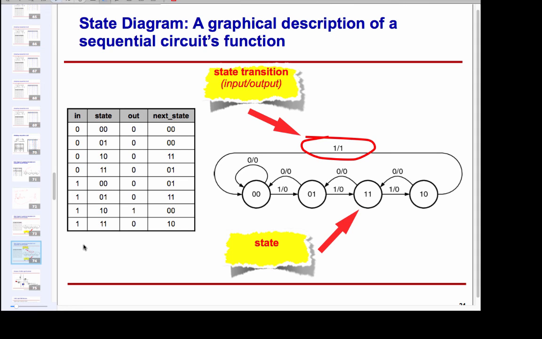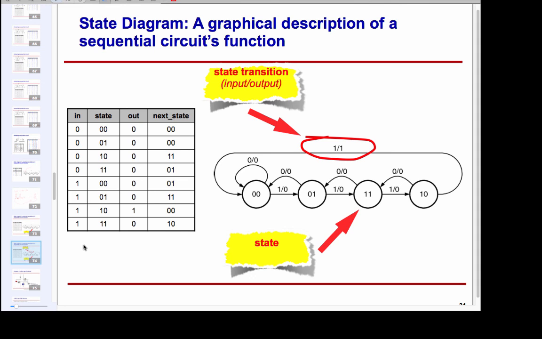In the case of a Moore machine, the output is a function of only the state. So if output is only a function of the state, I don't need to put it on the edges. I can actually make it part of the state. So in a Moore machine, what you would see is that every outgoing edge of a node has the same output.